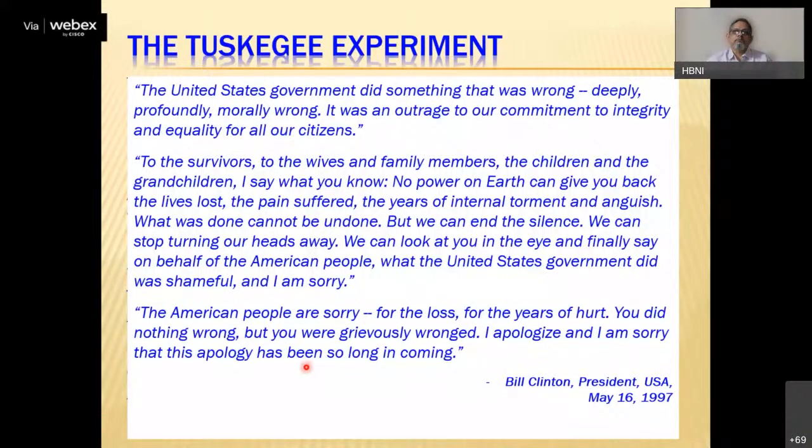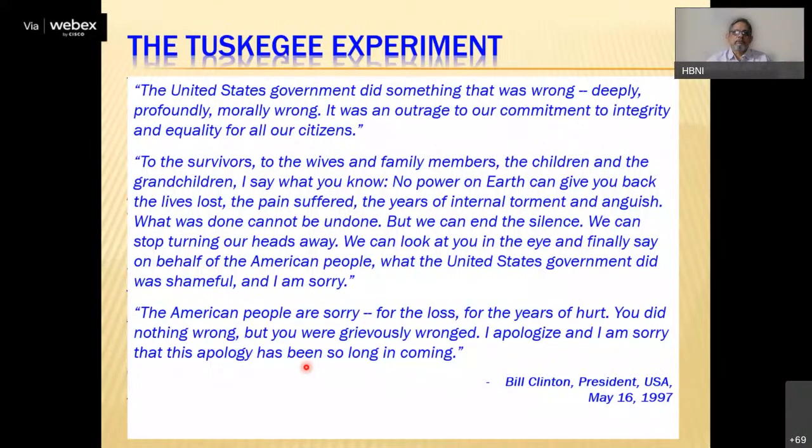So you can see how serious the thing was. The United States government did something that was wrong, deeply, profoundly, and morally wrong. It was an outrage to our commitment to integrity and equality for all our citizens. To the survivors, and there were hardly about 5 or 6 survivors at this point of time in 1997.